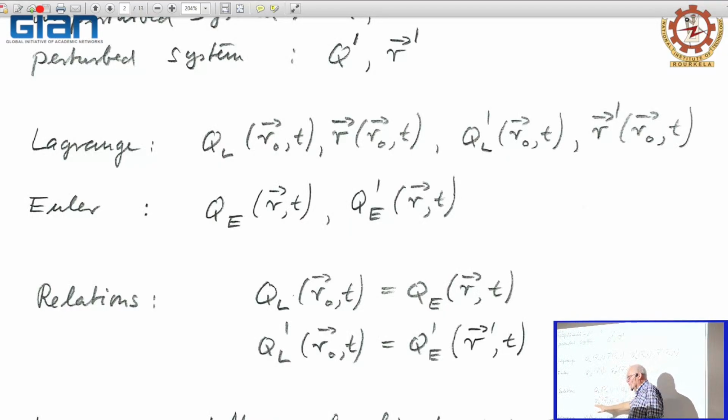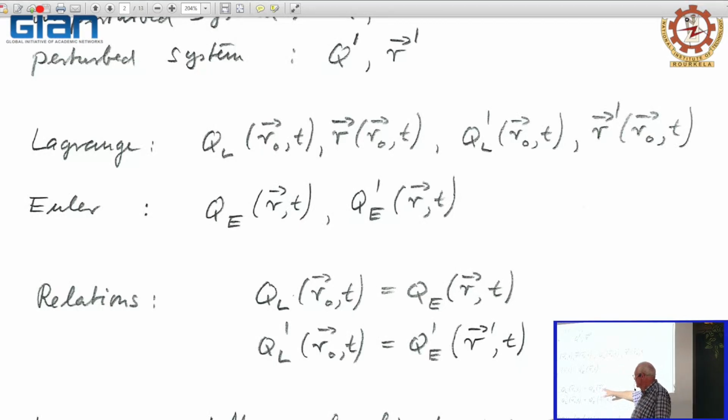The Lagrangian quantity of the mass element, which is labeled by the initial vector r0, is equal to the Eulerian quantity of this mass element, which has moved from r0 to r. So this is the new position, or the actual position of this element. Now we have the perturbed quantities.